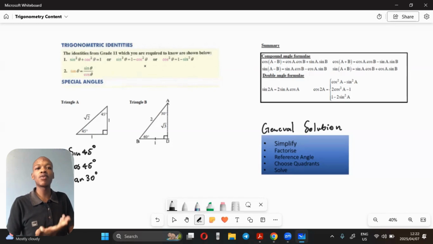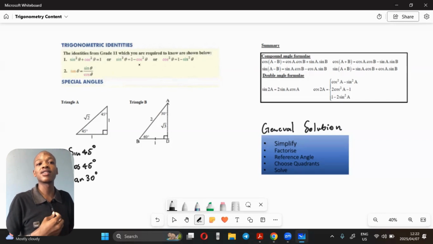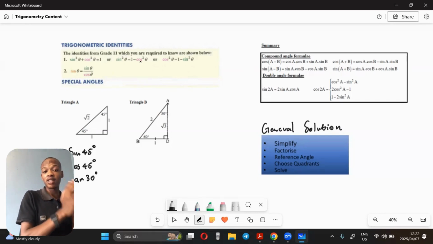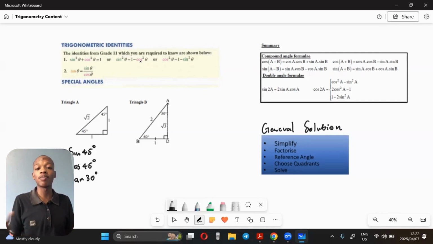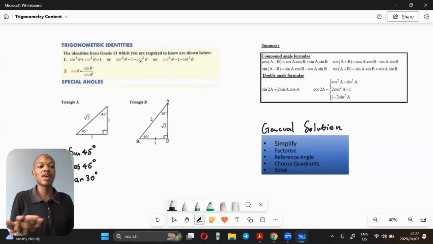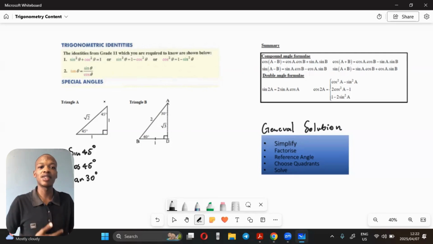Whenever you see 1 minus cos squared theta, you can rewrite it as sine squared theta, or whenever you see sine squared theta, you can rewrite it as 1 minus cos squared theta. It depends on the identity problem. Whenever you are changing something, just keep it in your mind: how will it help you? Why should I change it? How will it benefit me by changing it? So you have to keep that in mind also.